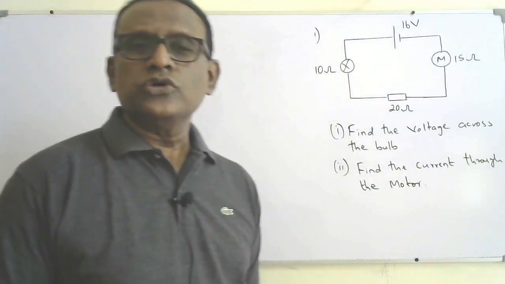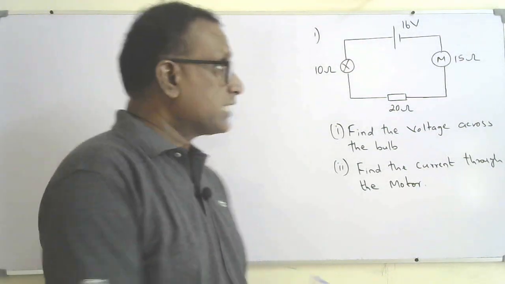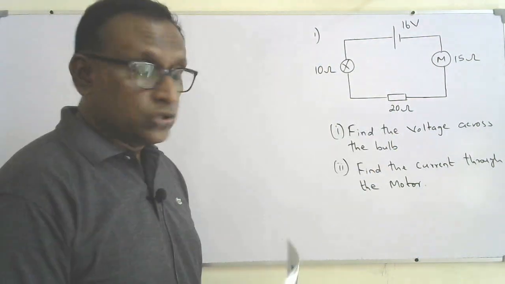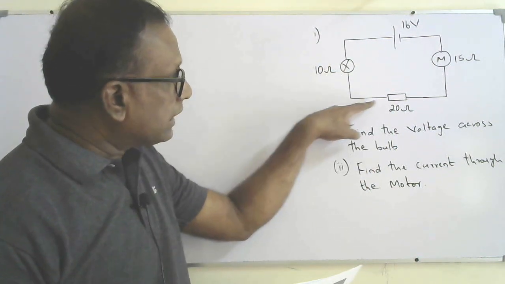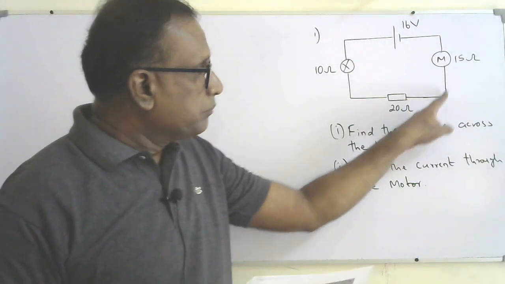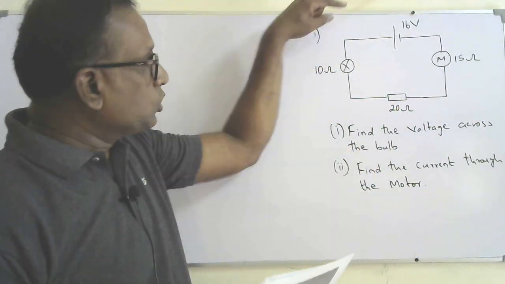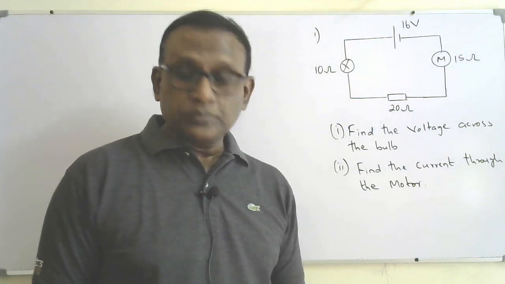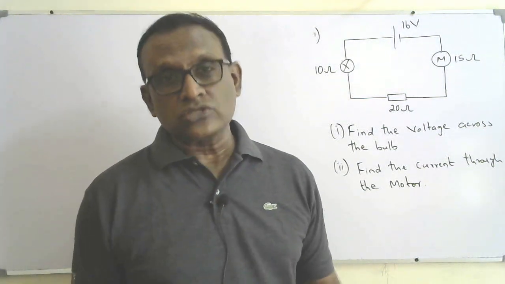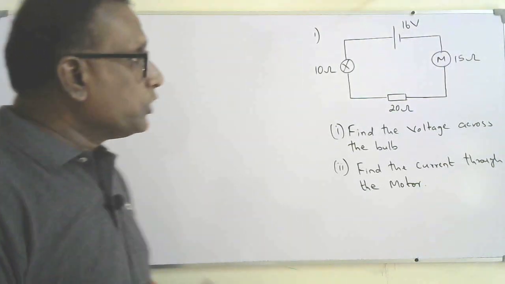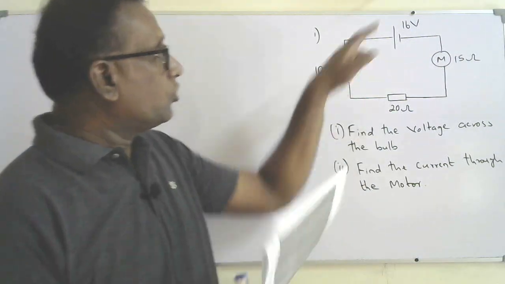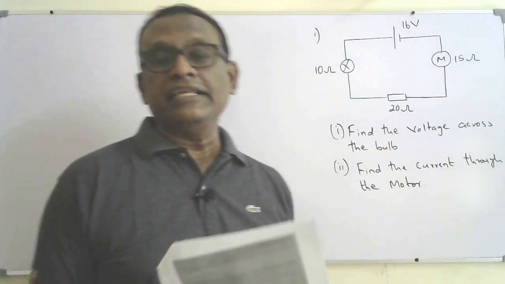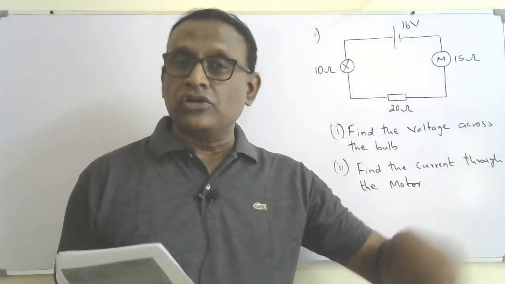Simply, I can use the potential divider method because I know they are connected in series. How do I know? There is no junction or branch between any two components. So that means they are connected in series, and the same current will flow. In a series connection, the total voltage, 16 volt, will be divided across them at the ratio of their resistance.